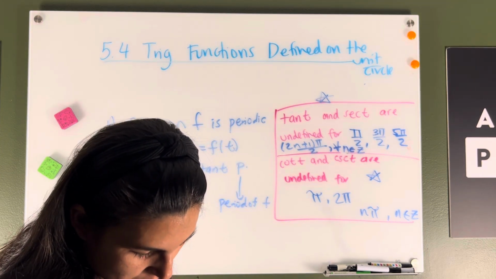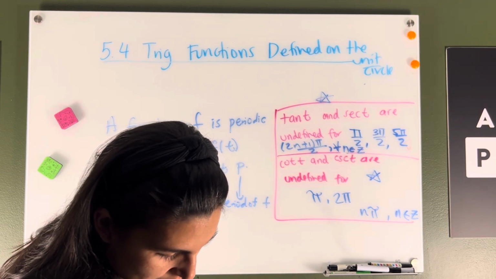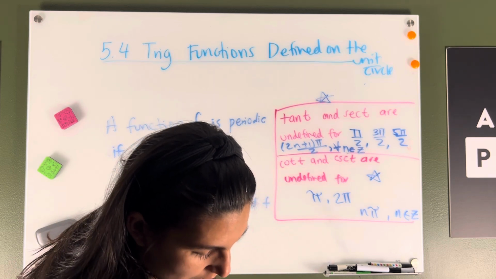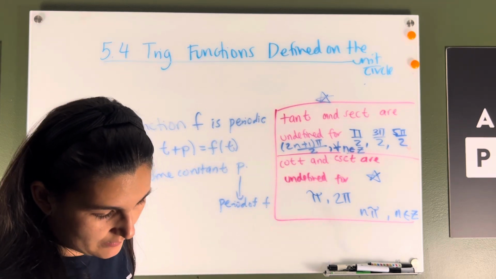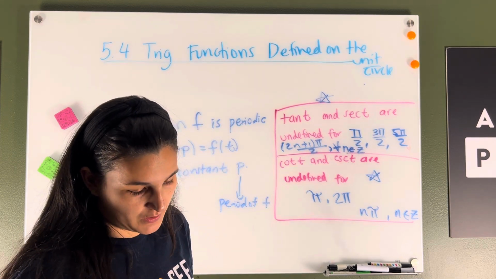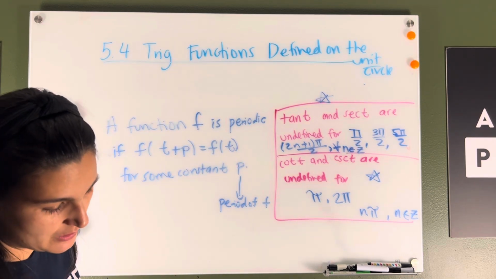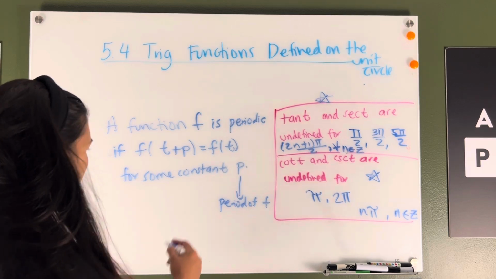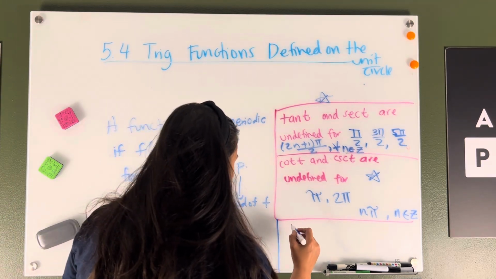Alrighty, so that's important. Okay, so all of them have a period of 2 pi. They repeat every 2 pi, except tangent and cotangent. So tangent and cotangent have a period of pi. So I'll put this over here for important stuff.